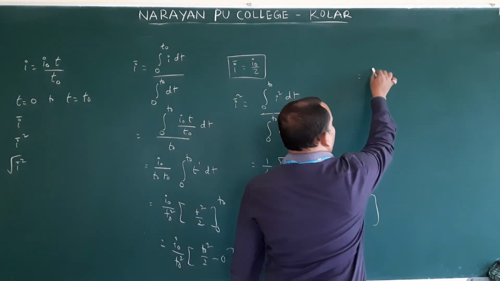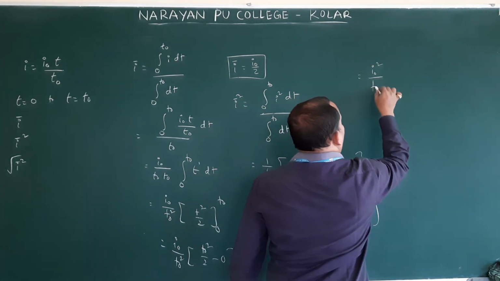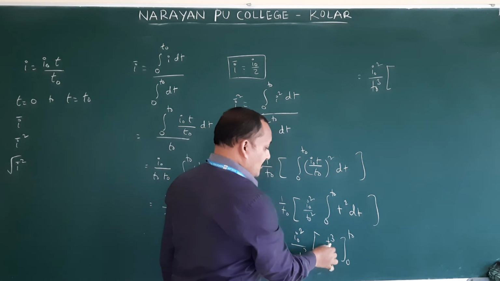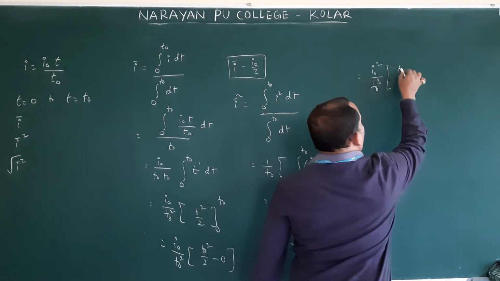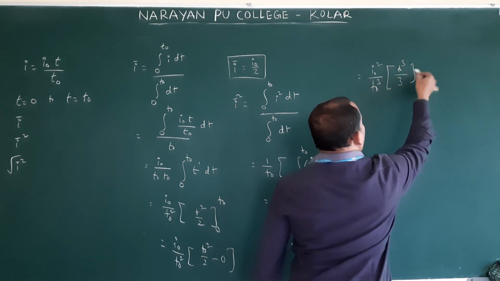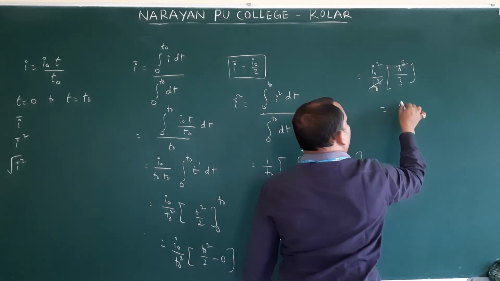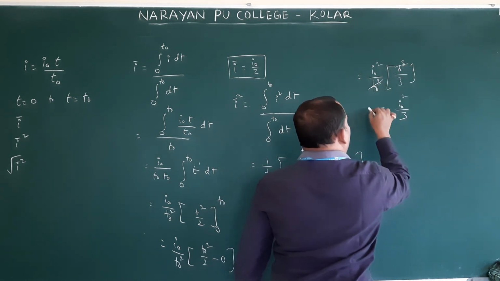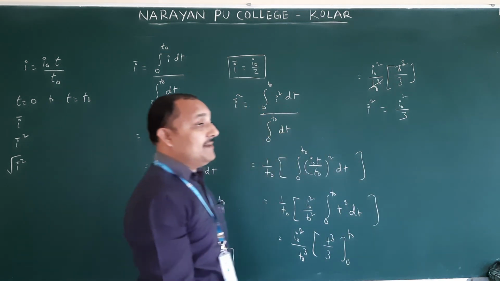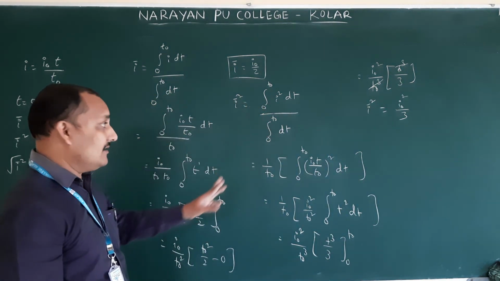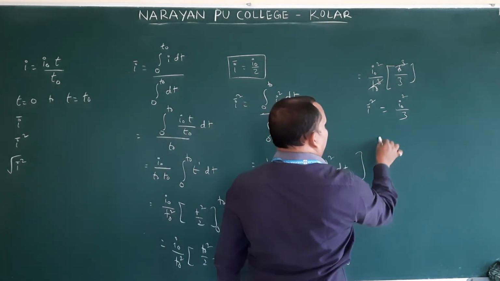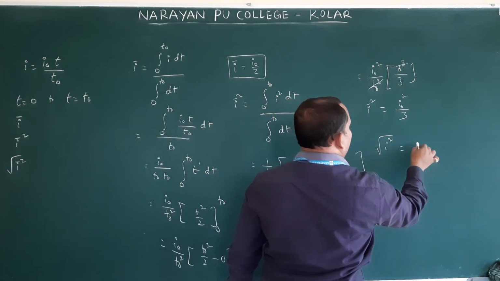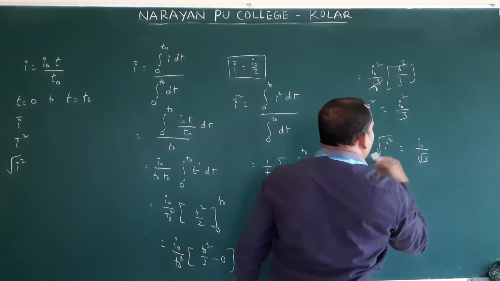Then I naught square by t naught cube, with t going up to t naught, t naught cube by 3 minus 0. So we get I naught square by 3. That is the mean square value. Next, the root mean square value means we have to take the root of this. Root mean square value is I naught by root 3.